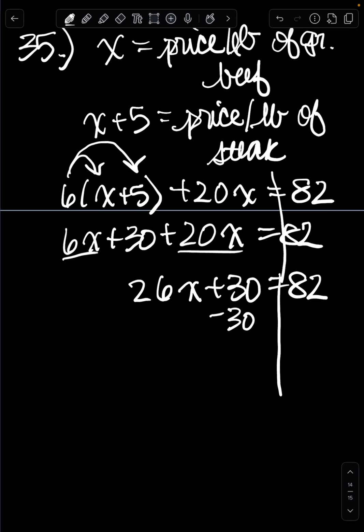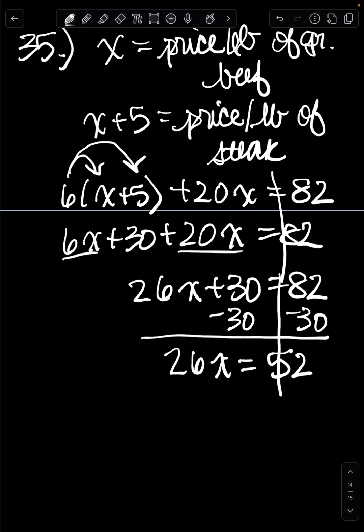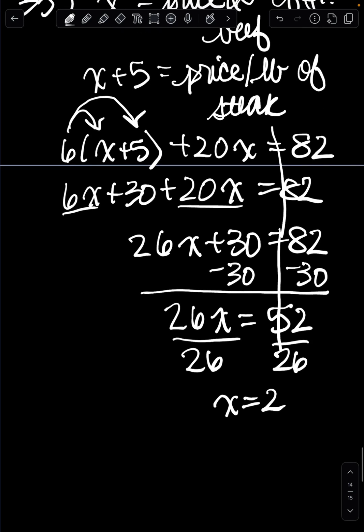Okay, minus 30 on both sides. 26x equals 52. Divide both sides by 26. X equals 2. So what's the question? What was the price per pound for each type of meat?